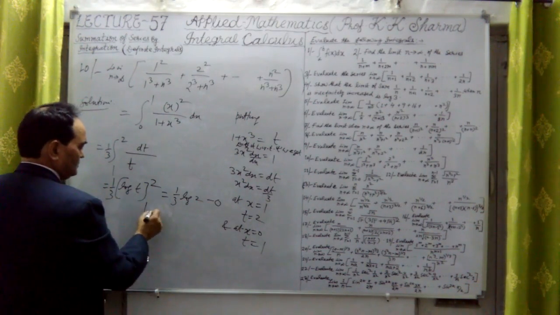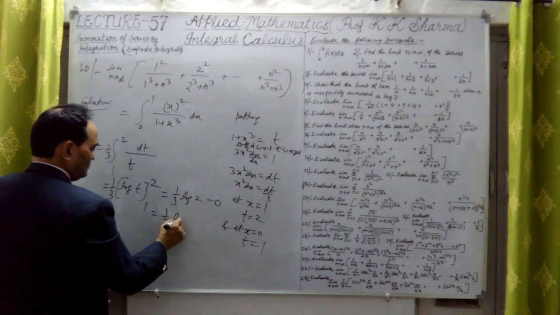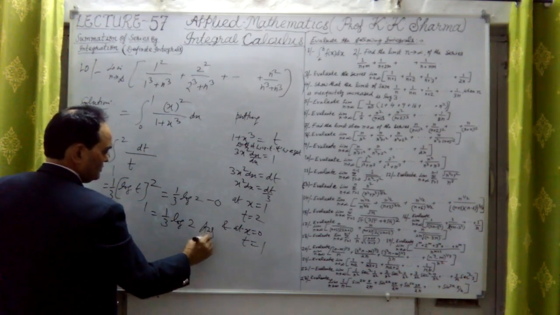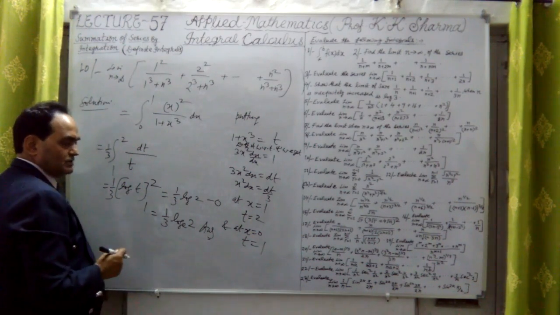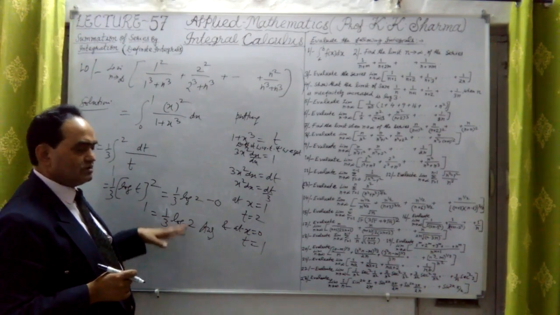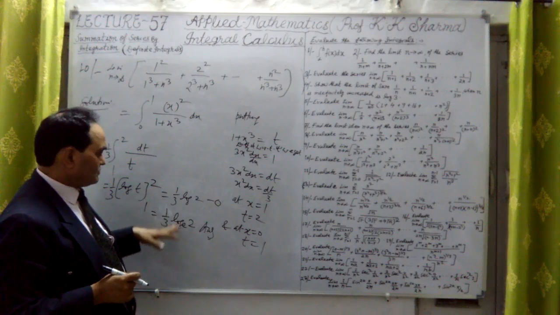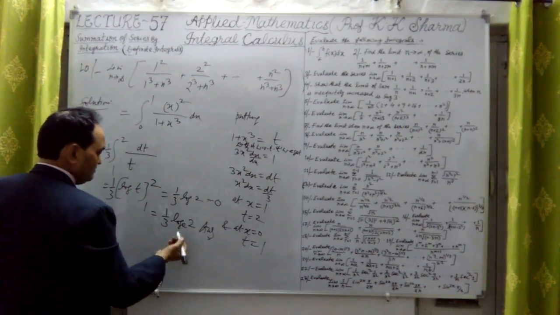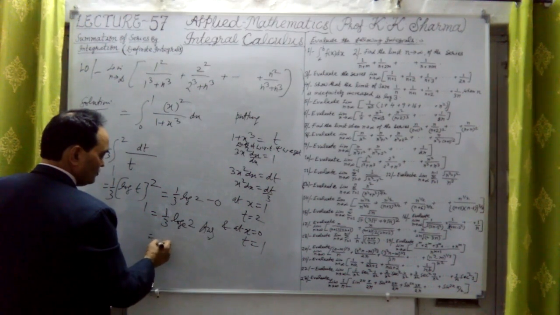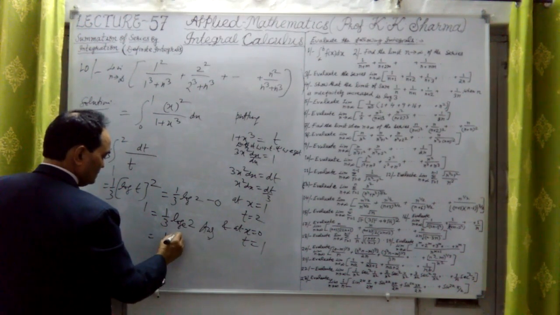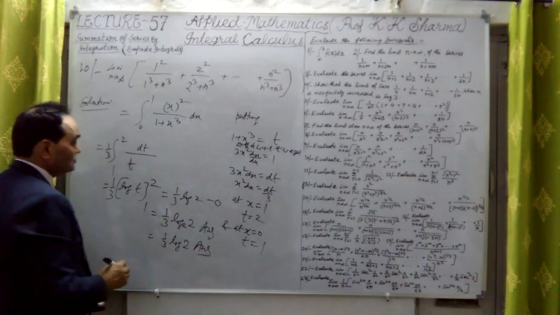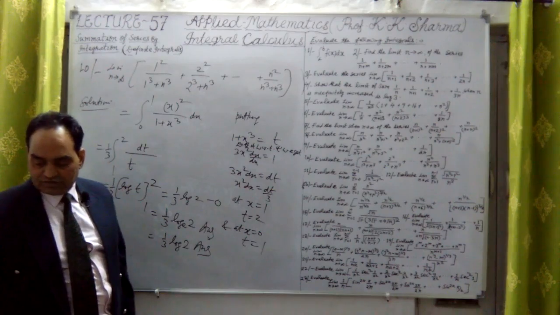Only 1 by 3 log 2 is the answer. Here the base is e, which we mostly omit. So the answer is 1 by 3 log 2, simple. Question number 10 is solved finally.